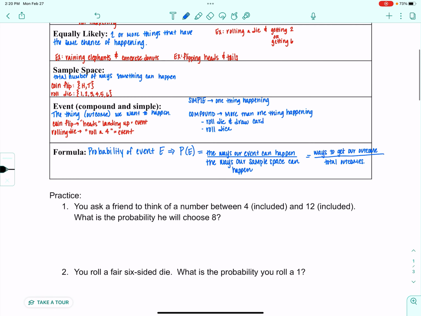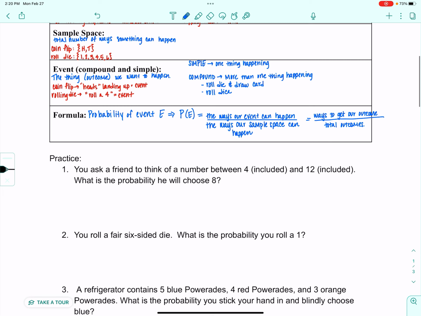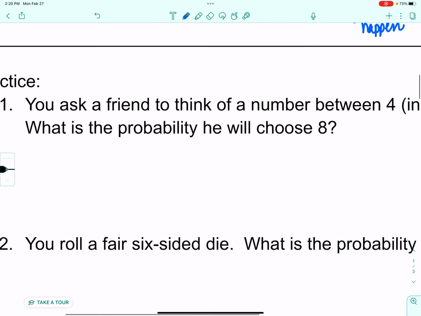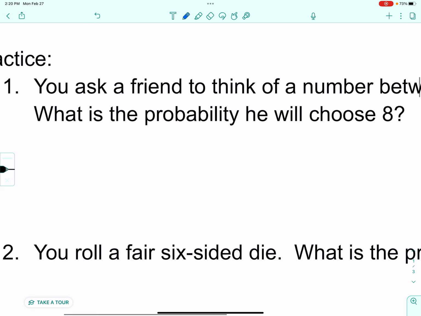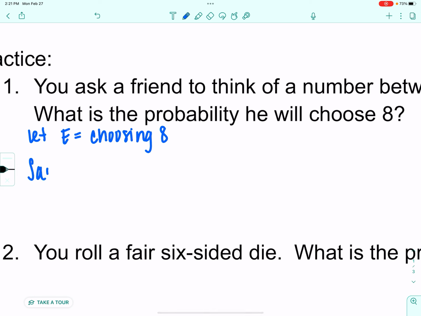So let's go use it. You ask a friend to think of a number between 4 and 12, and both of those are included. What is the probability he will choose 8? So we need to do two things. Number one, we need to define our event. So let's let our event be choosing 8. Now let's look at our sample space.